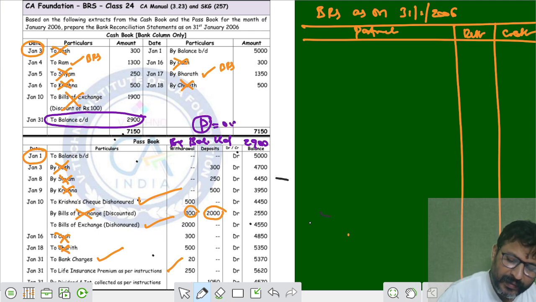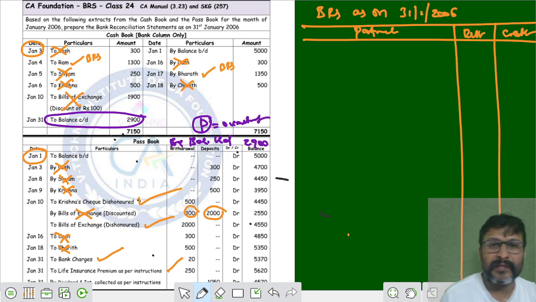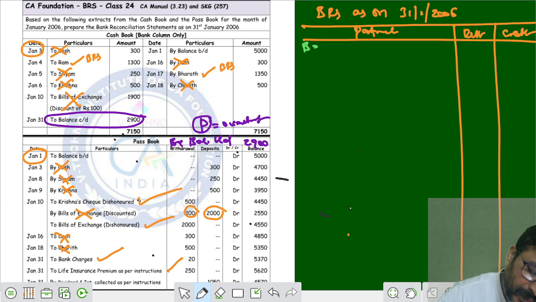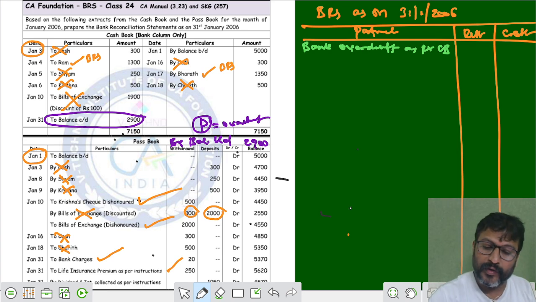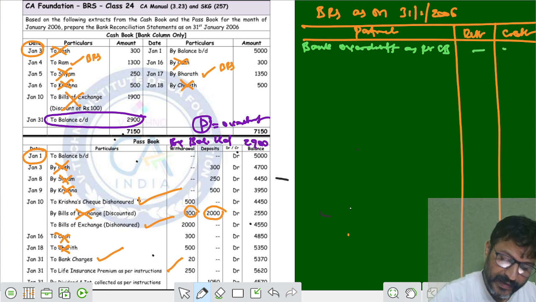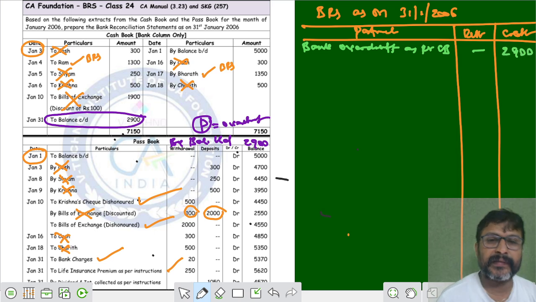Payment means what? Overdraft. So let us start with the first line, that is bank overdraft as per cash book. We have to take it on the credit side, it is rupees 2900.